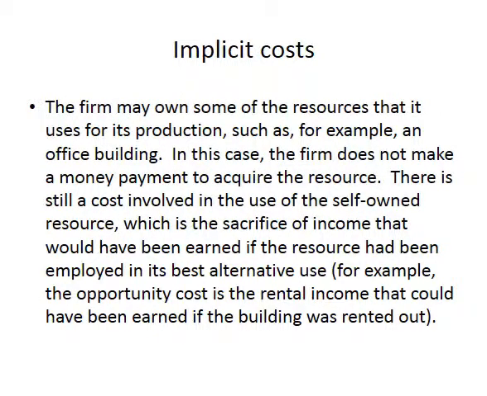Implicit costs are a little more complicated. This time the firm might own some of the resources that it uses for production, for example, an office building. In this case, you're not paying yourself for the use of the office space. But think, if instead of using the office space yourself, the firm, you could have rented it out to another party for, let's say, $4,000 a month, there's an opportunity cost there because you're giving up that rental income that could have been earned if the building was rented out.